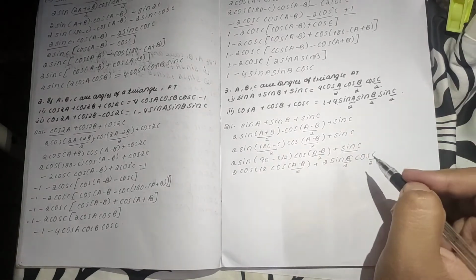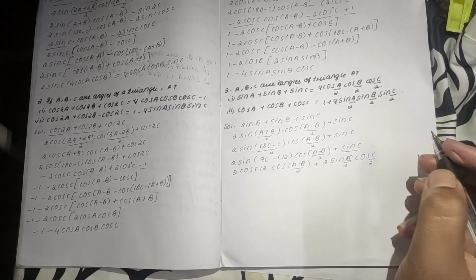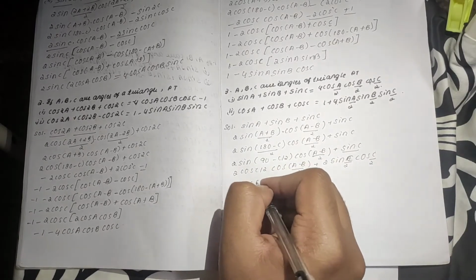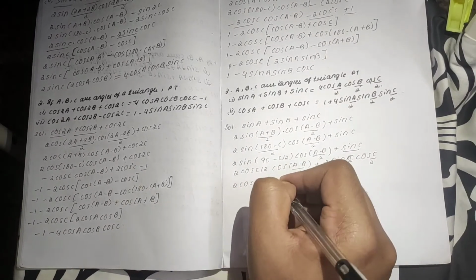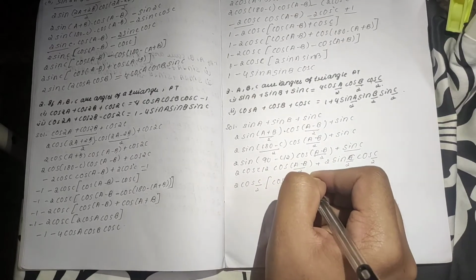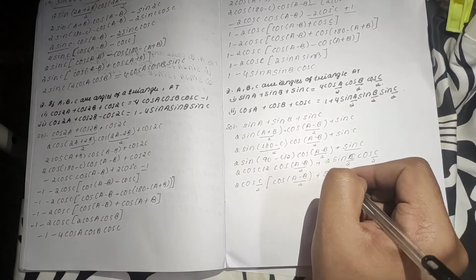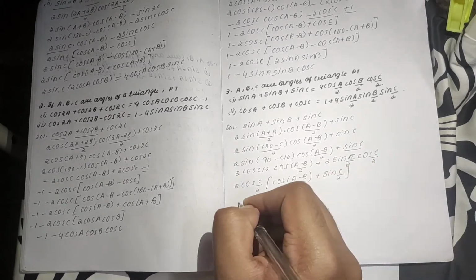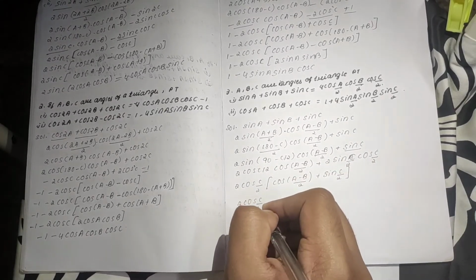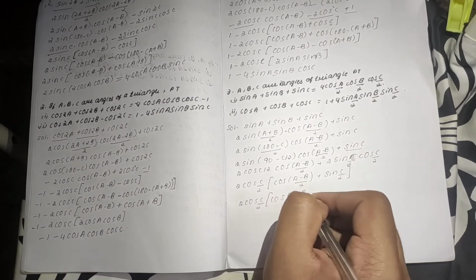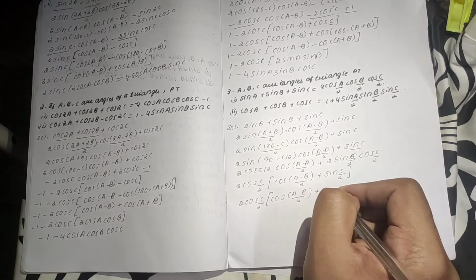As these formulas we have learned in half angle formulas. Take 2 cos C/2 common. So you are left with cos of (A minus B)/2 plus sin C/2. 2 cos C/2 into cos of (A minus B)/2 plus sin.